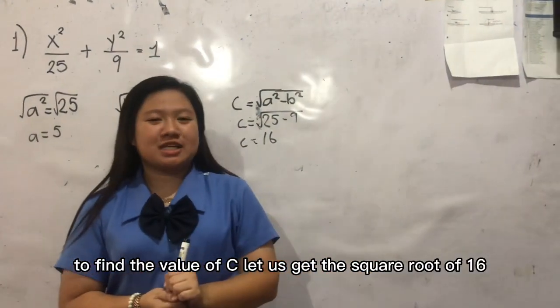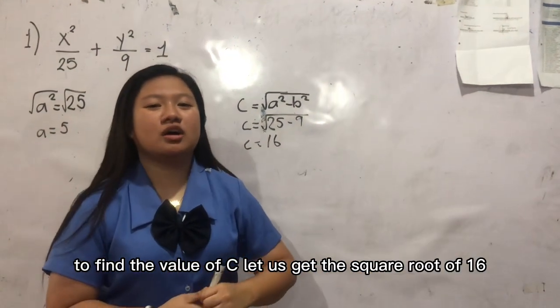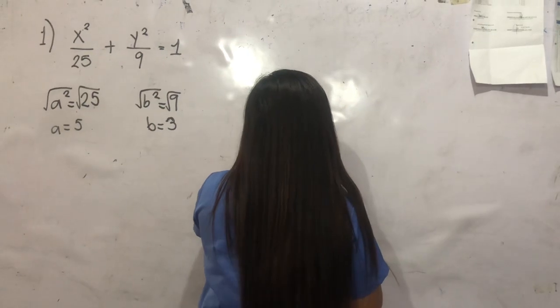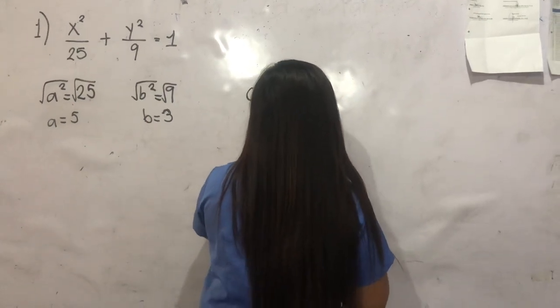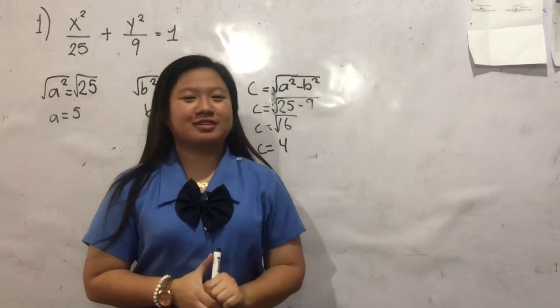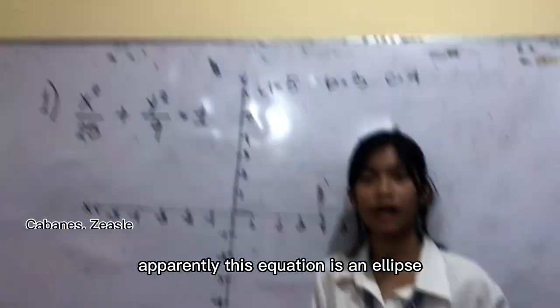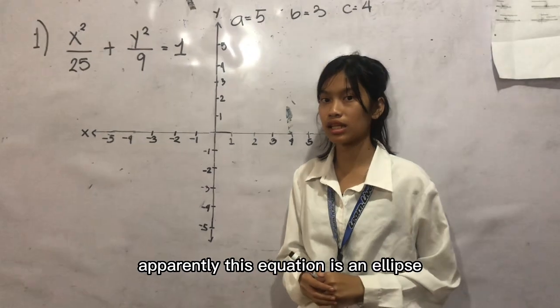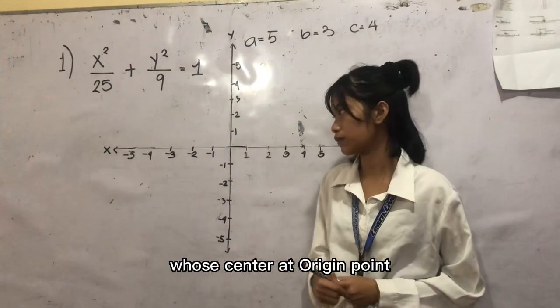To find the value of c, let us get the square root of 16. Therefore, the value of c is equal to 4. Apparently, this equation is an ellipse whose center is at the origin.